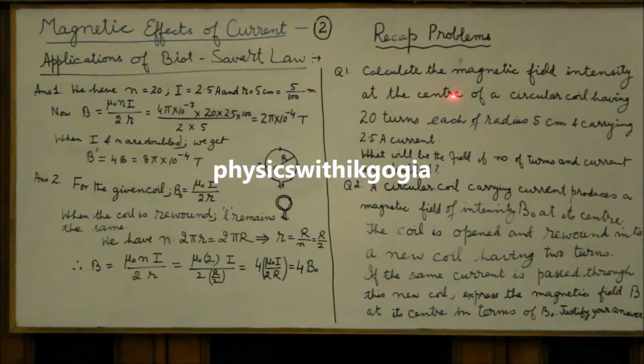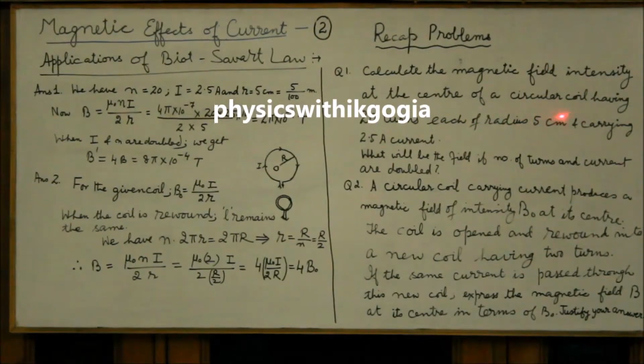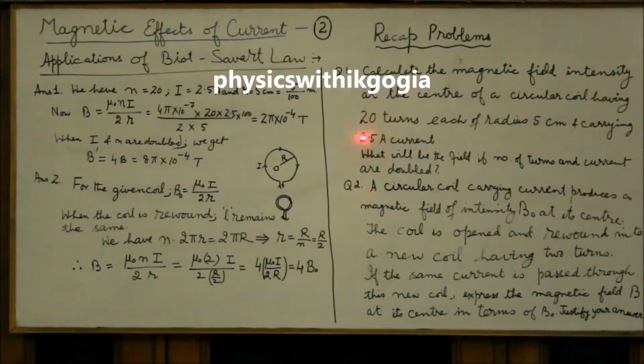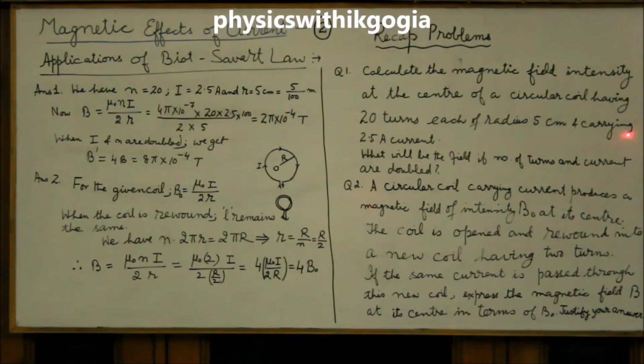Question number 1. Calculate the magnetic field intensity at the center of a circular coil having 20 turns, each of radius 5 cm and carrying 2.5 ampere current. What will be the field if the number of turns and current are doubled?